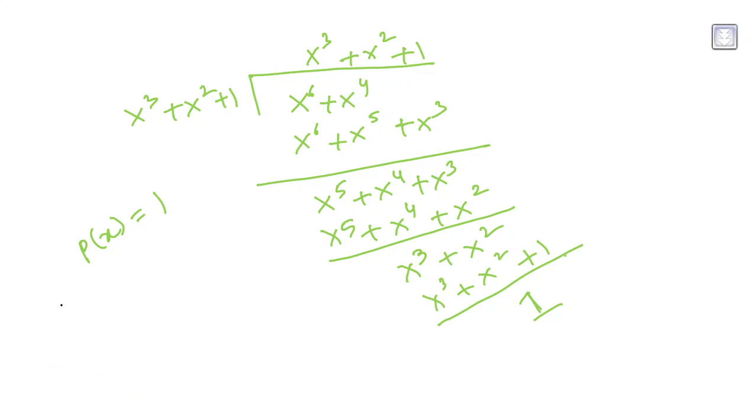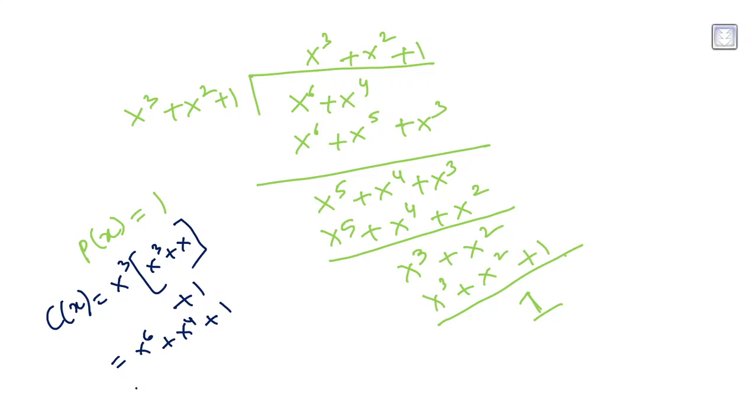Just noting it down, c of x is equal to x cube into x cube plus x, plus 1, that is x6 plus x4 plus 1. Finding the code word, I will be getting 1 since 6 is available, 5 is not available, 4 is available, 3 is not available, 2 is not available, 1 is not available, and finally 0 is available.